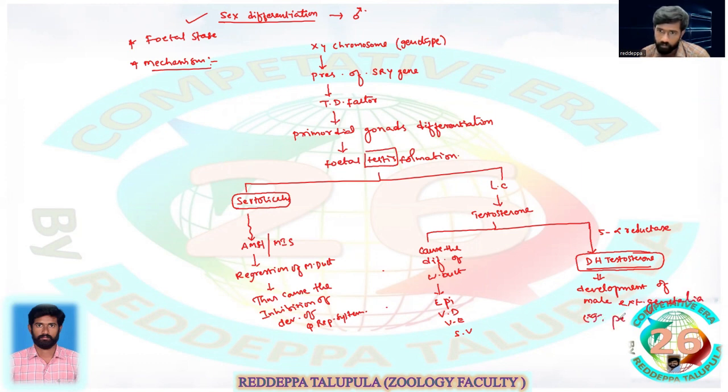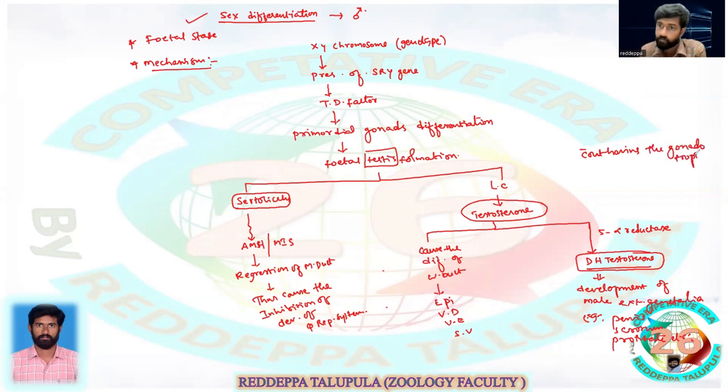Examples: penis, scrotum, prostate, etc. Thus, in sex differentiation, testosterone, without the gonadotrophins, performs its role during the 7th week of the gestation period.